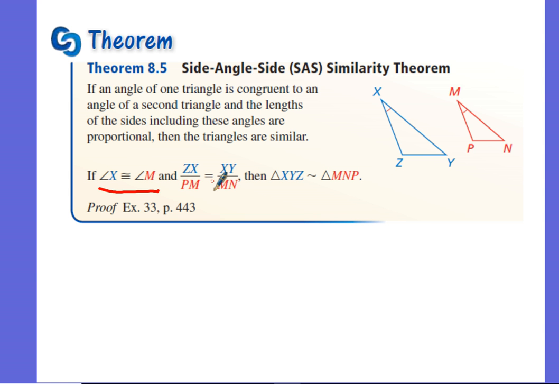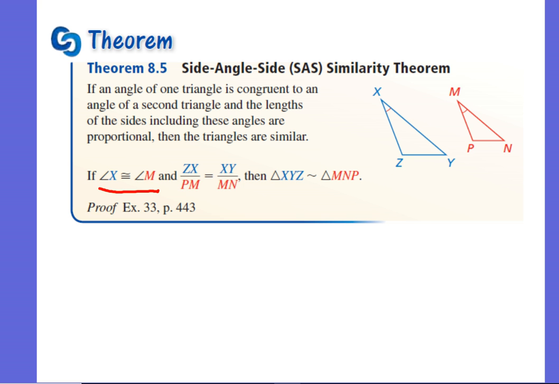I don't know exactly, but they have the same reduction or the same enlargement for that to happen. So these two pairs are proportionate, and the included angles, the angles in between them, are congruent. So here is our side, our angle, and back to our side. Side, angle, side, similarity.